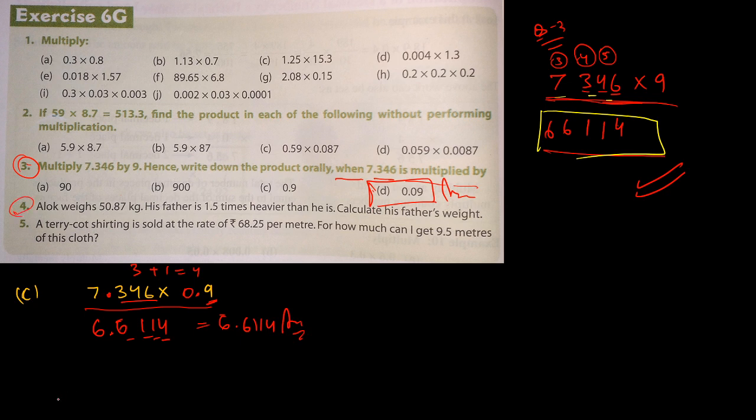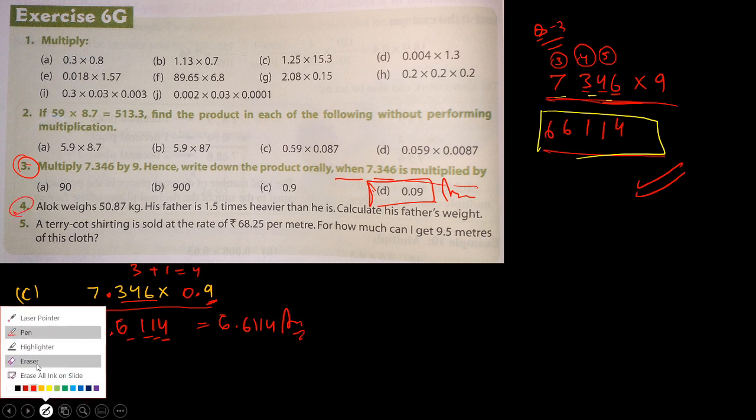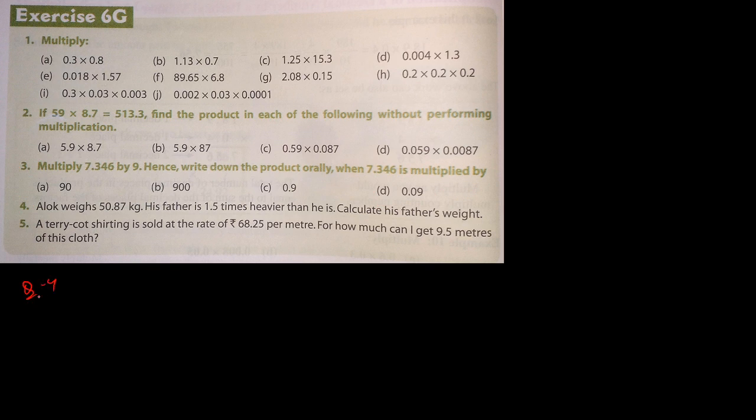Now let me tell you question number 4. What question 4 is saying is that Alok weighs 50.87 kilogram. His father weighs 1.5 times heavier than he is. Calculate his father's weight.